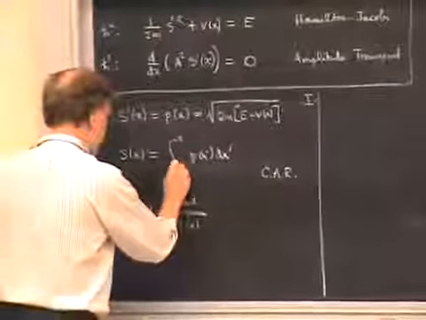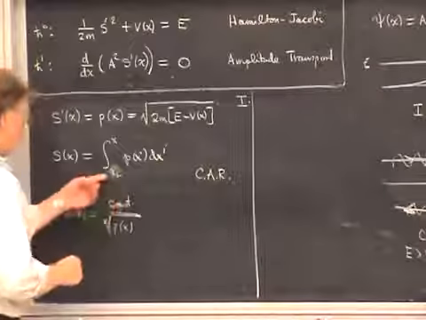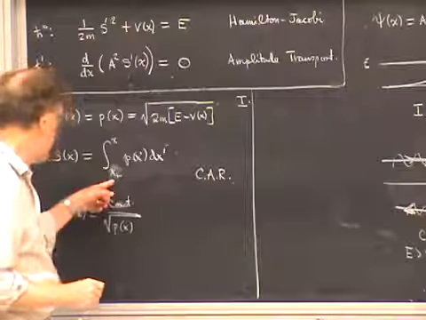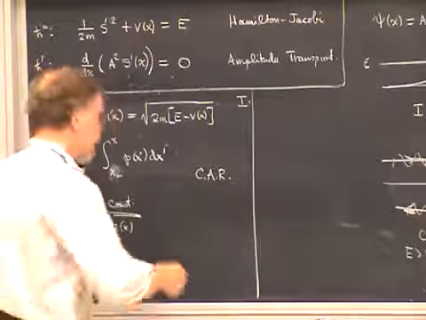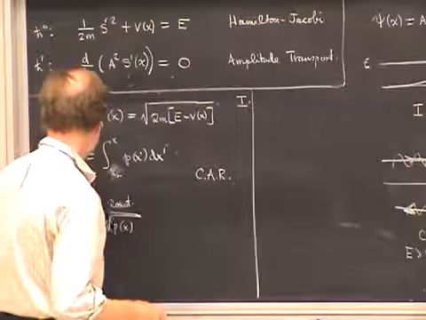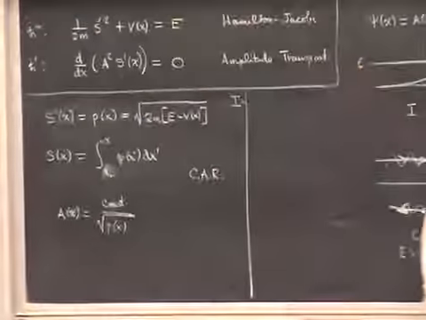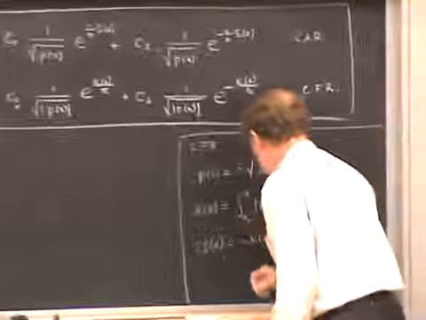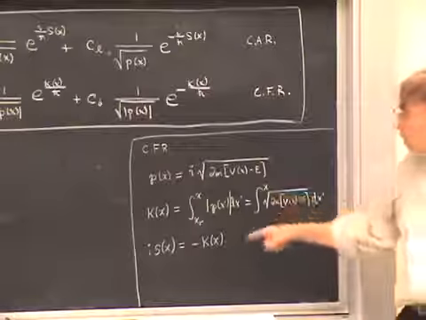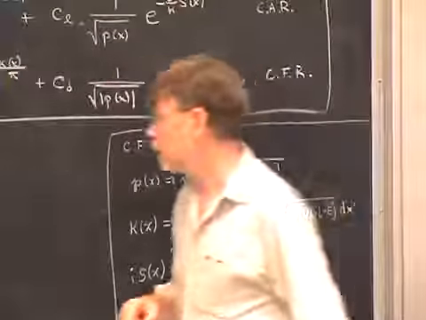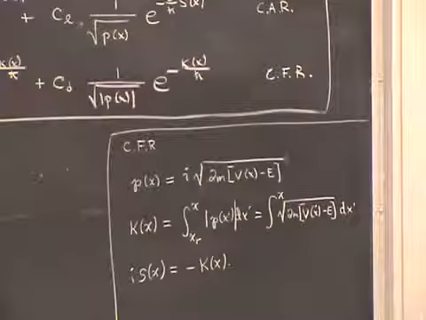And let's integrate s from, as I mentioned, any lower limit can be chosen. It's equivalent to a phase convention for the wave function. So let's just make it the turning point. It's the obvious place to choose. Anyway, that gives us a definite definition for s of x. And likewise, in the classically forbidden region, let's take the lower limit to be xr. That means that both k and capital S vanish exactly at the turning point.